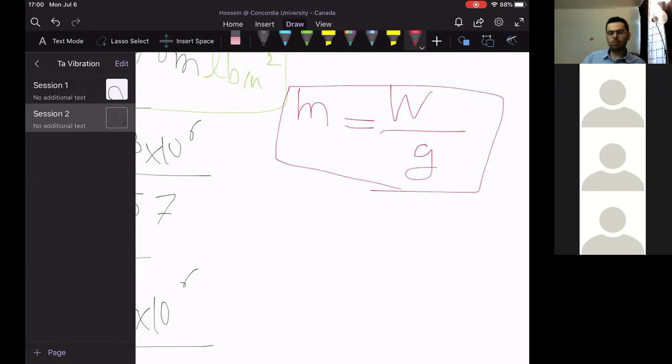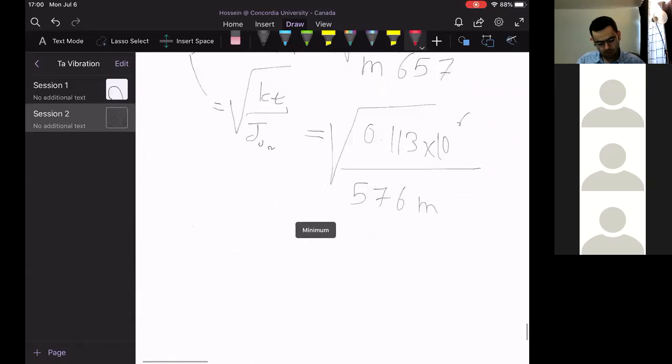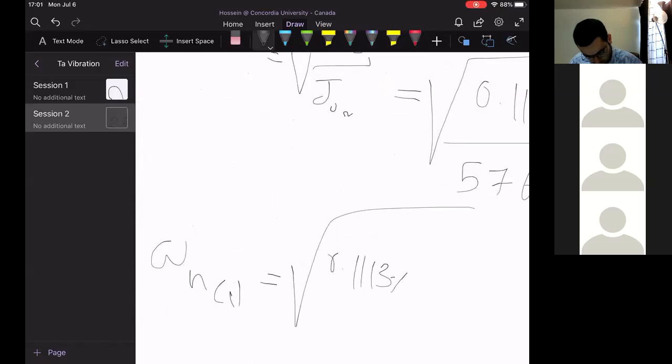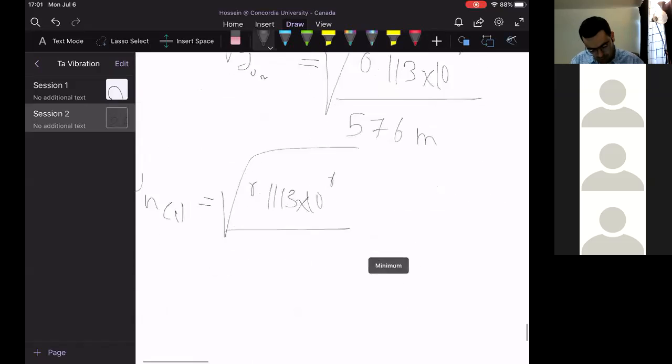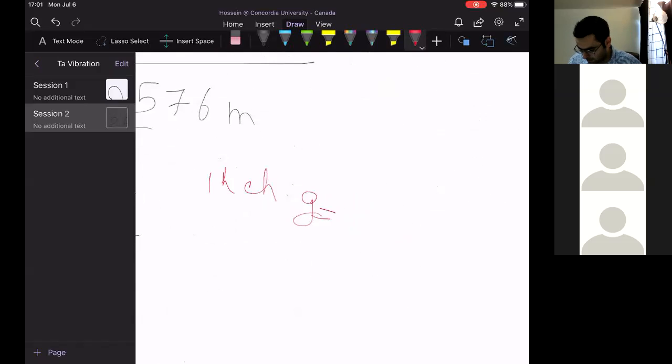Before plugging in, you have to check the units, right? So omega n1 would be 0.113 10 to the power 6 over 657 multiplied by mass. In the inch system, g is 38.6 inch over second squared.